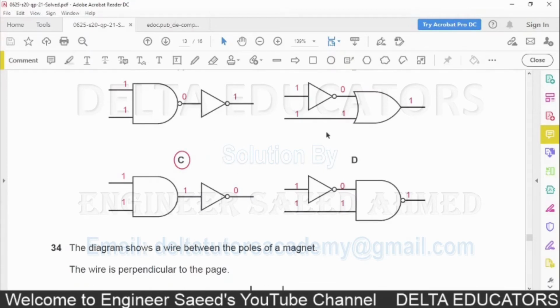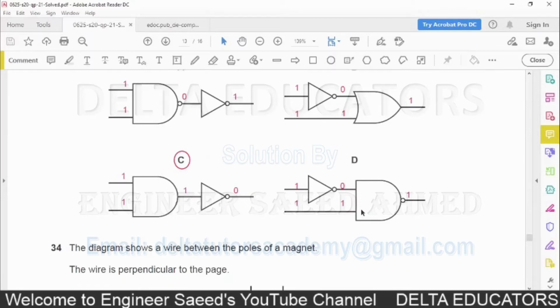What is given in option D? Here we have two inputs, both are 1. Now again here we have kept an inverter. So here for the inverter the output value will be 0. Now after the inverter we have kept a NAND gate. For the NAND gate we have one signal 0 and second signal is 1.